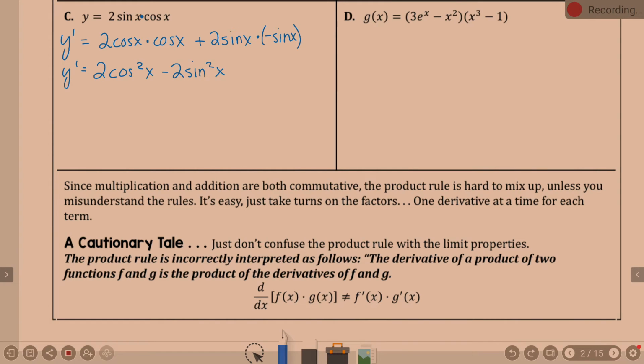Two cosine x times cosine x, 2 cosine squared x, minus 2 sine squared x. I could factor the 2 to the front if I wanted to, and say 2 times sine squared minus cosine squared x. I'm just going to leave it like this.